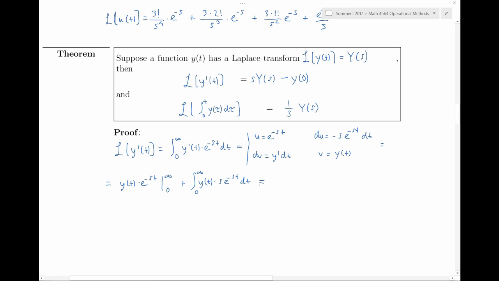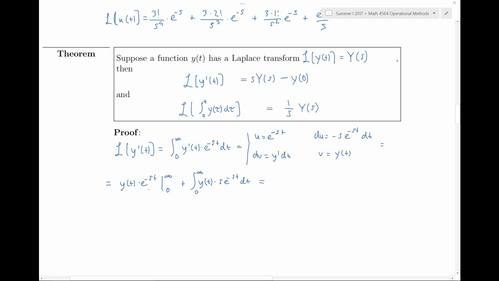So the big question is, what is this product when t goes to infinity? The answer to that lies in the fact that y of t does have a Laplace transform. So let's imagine that the product y of t times e to the minus st here converges to something non-zero. Well, that means that this function that we're integrating here is going to be positive for an infinite amount of time, and this integral will never converge. But we assume that y of t had a Laplace transform, and therefore this integral has to converge, and therefore y of t times e to the minus st has to converge to 0.